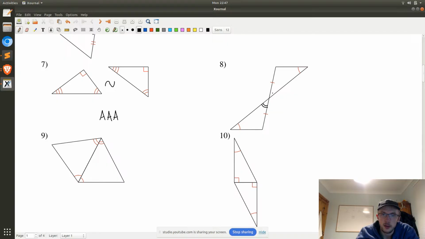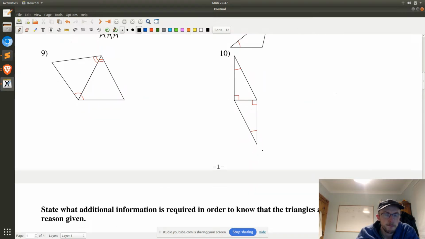Okay, these vertically opposite angles here are equal. So by the angle-angle-side theorem, yes. Okay, good. These two triangles here, yes, because of the angle-side-angle theorem.